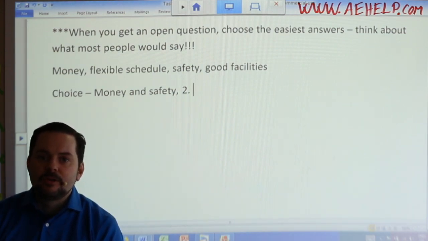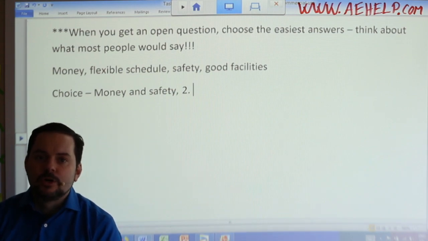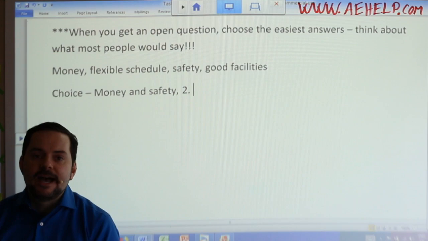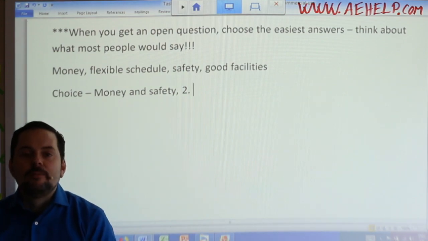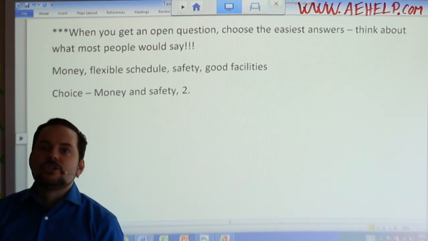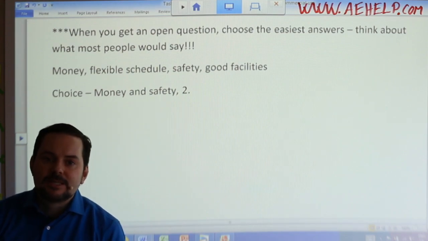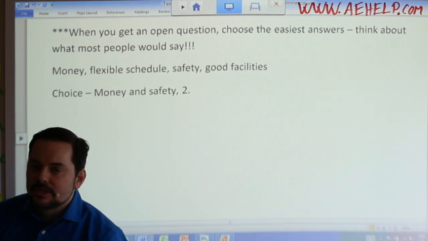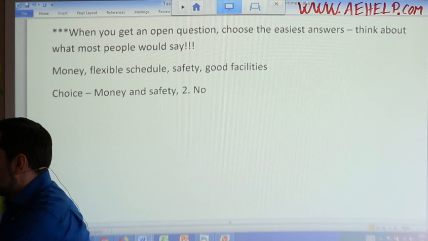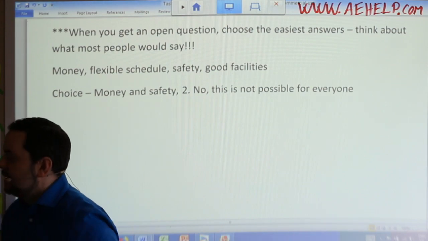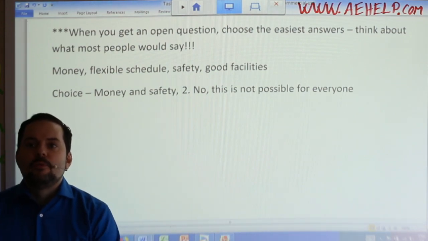It's very rarely true that something is the best or the worst. It's very rarely true that everyone or no one has or shares a common point, okay? So it's not true. Keep it simple. This is IELTS. Choose the simple answer. No, this is not possible for everyone, okay?